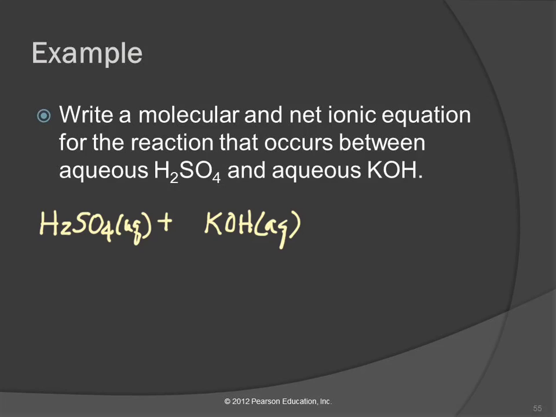These compounds are soluble. They're dissolved in water. An acid, when we put it in water, forms ions. And so we can treat this for predicting products the same way we predicted the products for a precipitation reaction. We can look at what ions this compound forms. Well, this sulfuric acid forms hydrogen ions and sulfate ions, and potassium hydroxide forms potassium ions and hydroxide ions.